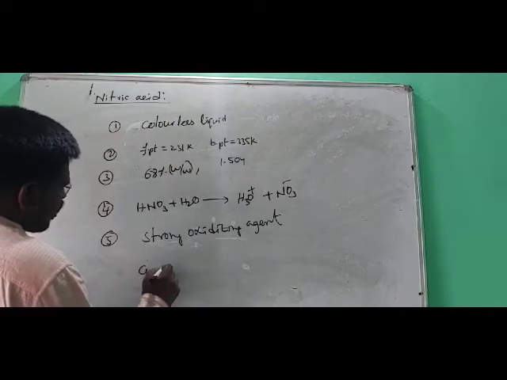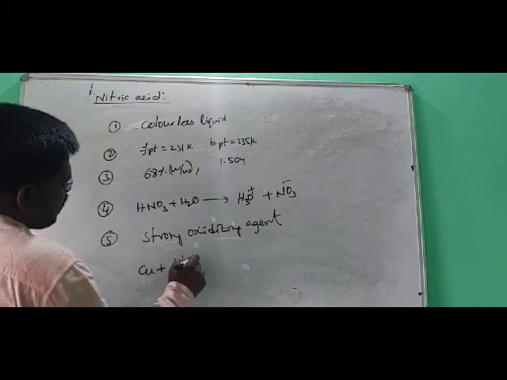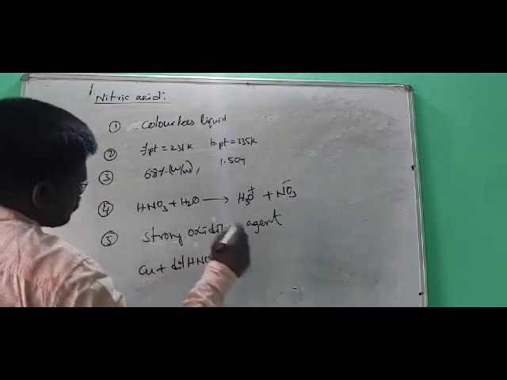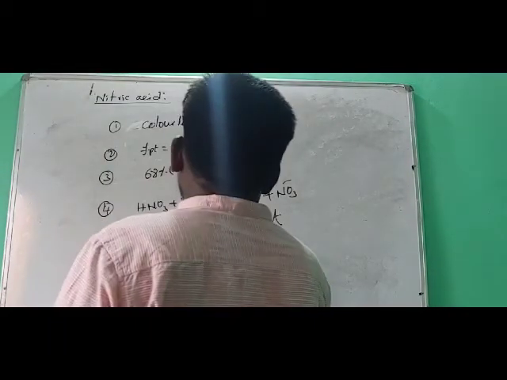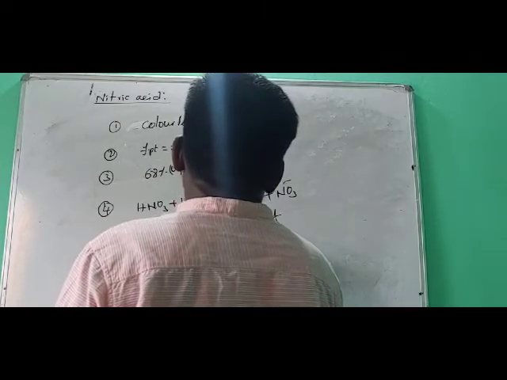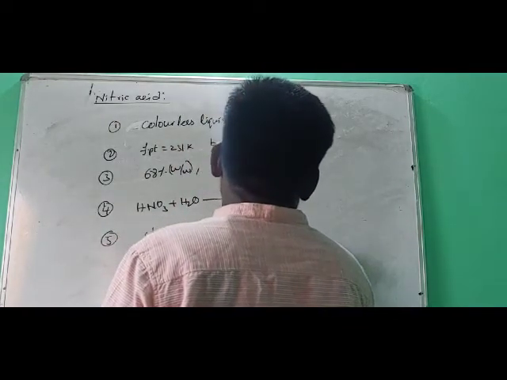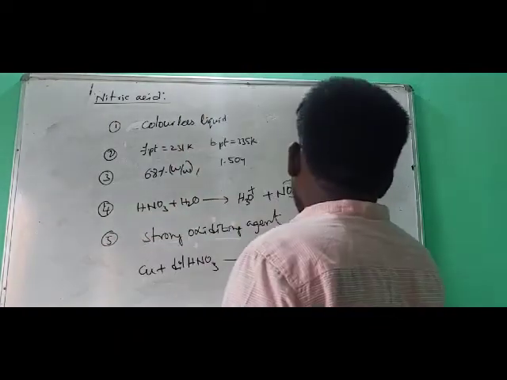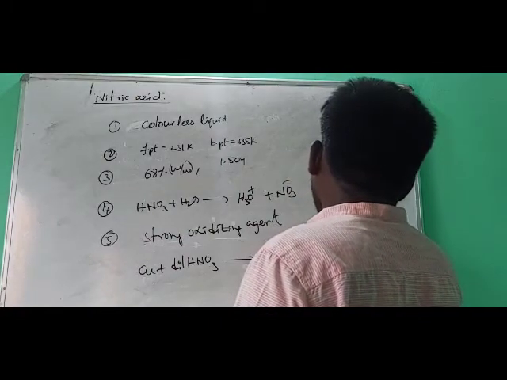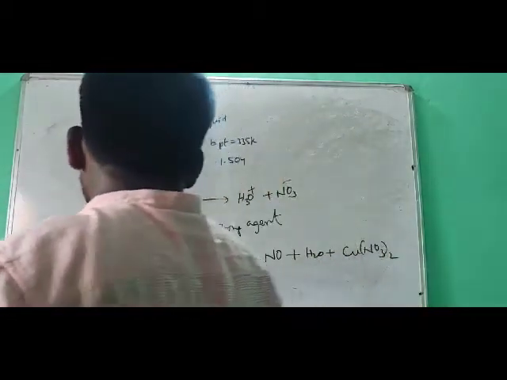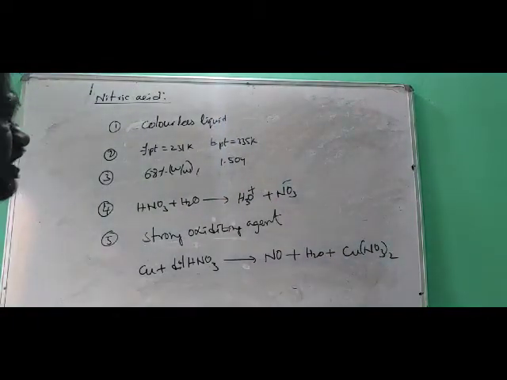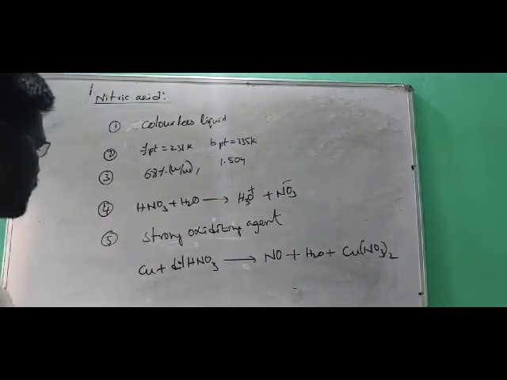When copper is treated with dilute HNO3, we get nitrogen monoxide plus water, and we also get the copper salt, copper nitrate. So when you treat copper with dilute nitric acid, we get nitrogen monoxide.